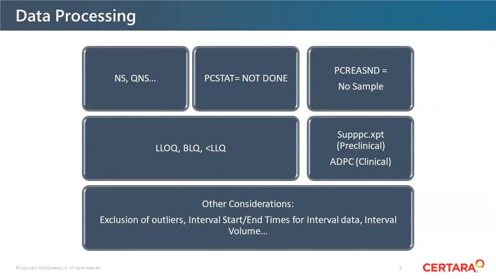So it's 3 different columns, or let's put it this way, 3 different treatments for the same results. Other considerations we need to keep in mind while processing the data are the exclusion of outliers. If we are processing some interval data like urine collections, we need to account for the start and end times, or also the interval volume.